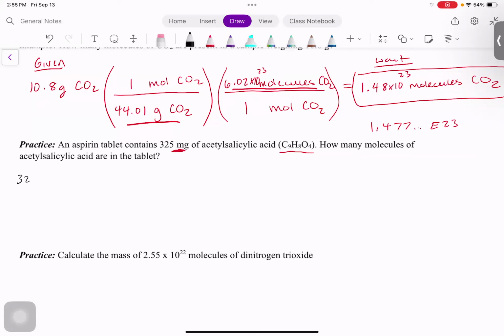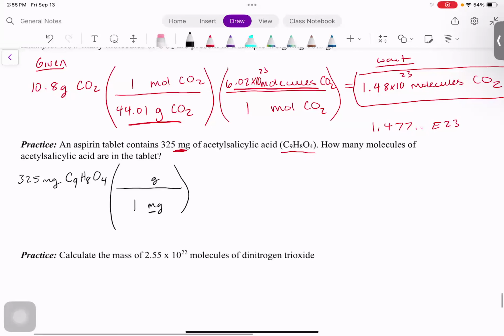So 325 milligrams of acetylsalicylic acid, C9H8O4. I'm going to convert my milligrams into grams first. And 1 milligram, the prefix milli means 10 to the negative third. So 1 milligram is equal to 10 to the negative third grams. Then I can convert from grams to moles.